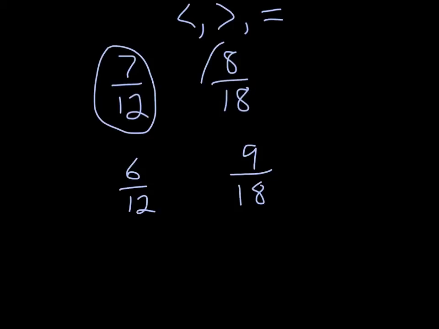And here I have 8/18, so that's actually less than 1/2. So in that case, I can use what I know about fractions just to say I know that 7/12 is greater than 8/18. However, you want to be sure that you only use this method when you're absolutely certain. If you have any questions about it, you're not sure, you should use one of the other methods.